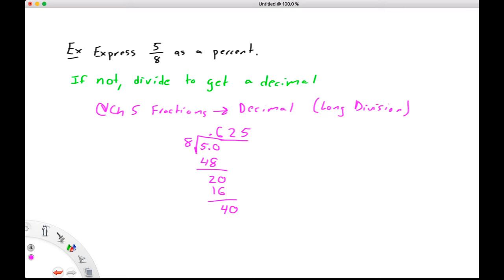And then, of course, 5 times 8 gives us 40. When we subtract, we get 0, and we know that we have it. So the fraction 5/8 is equal to the decimal 0.625.